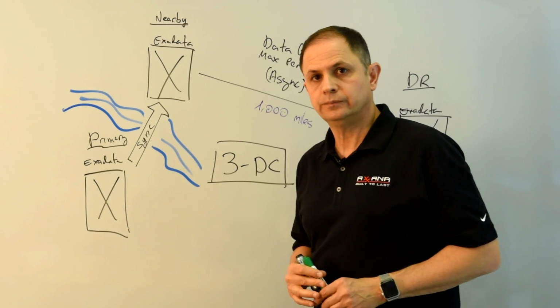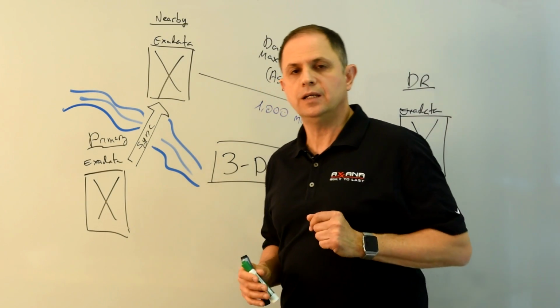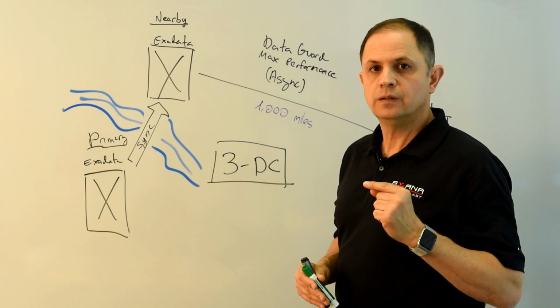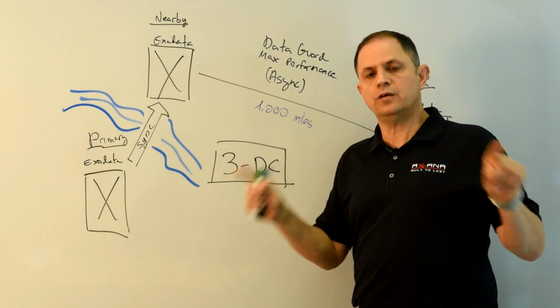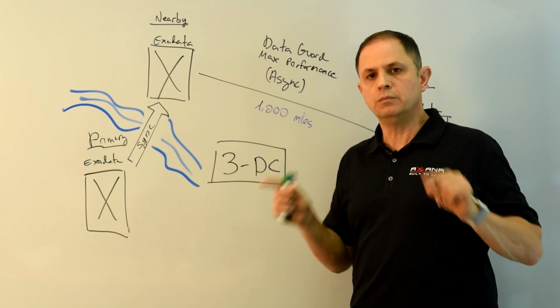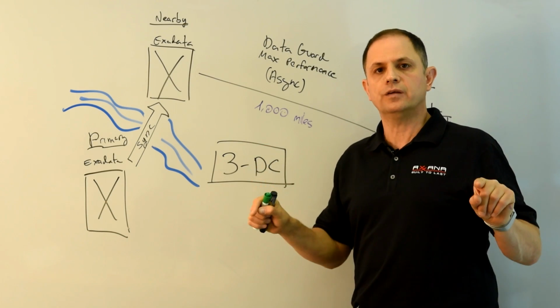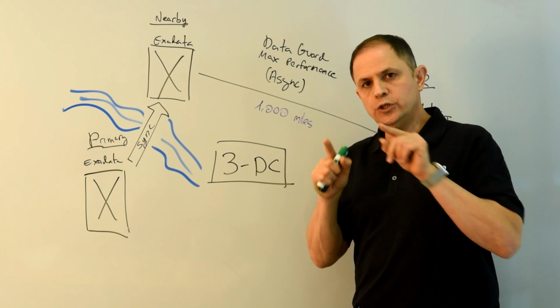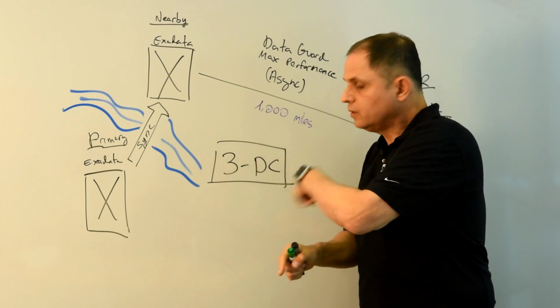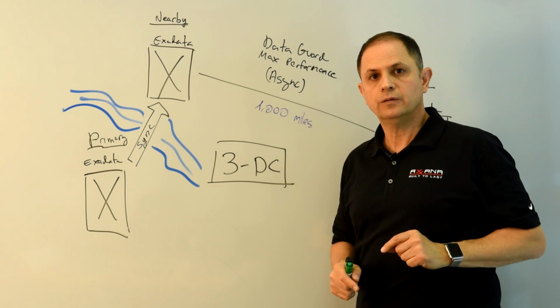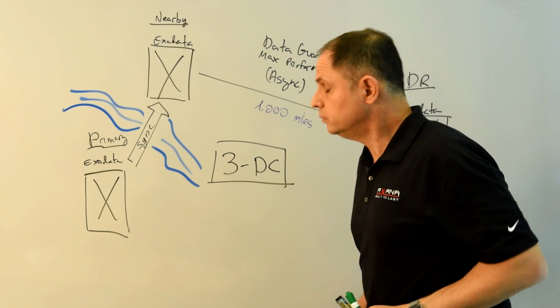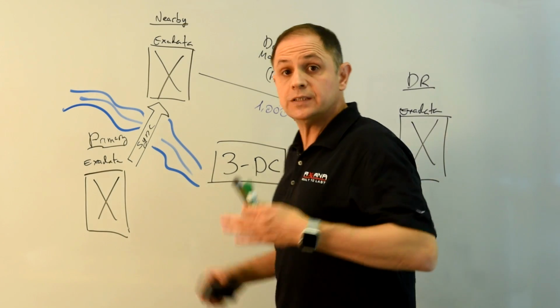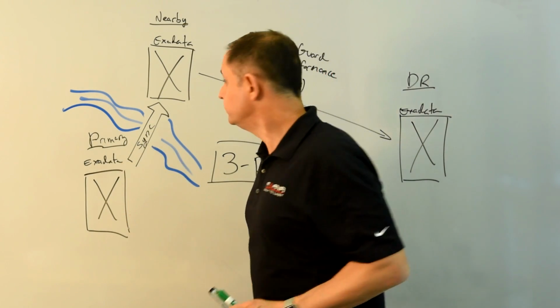Enter Axxana. What you would quickly see is that Axxana, with a 2 data center, much lower cost, much simpler, asynchronous scenario, would achieve more than a 3 data center scenario. And I will show you how we do that. So let's get rid of all the cost.